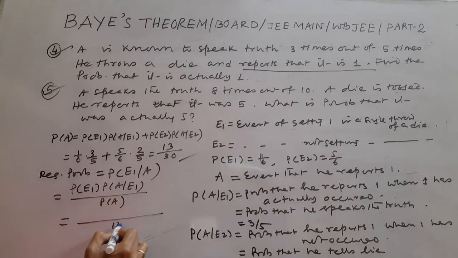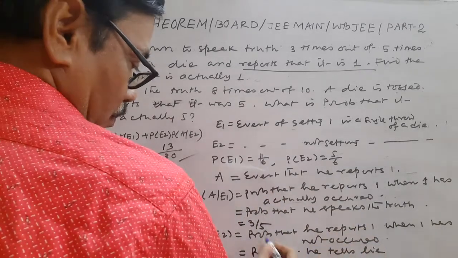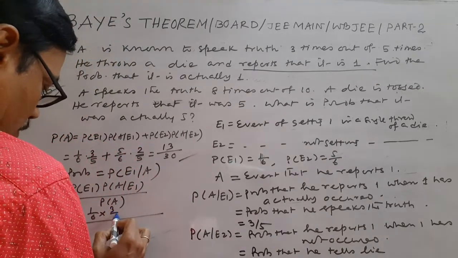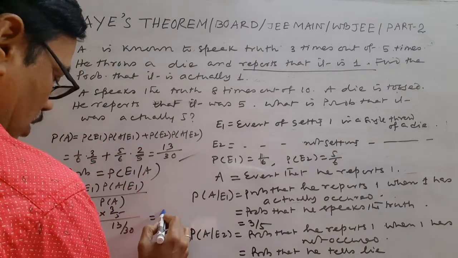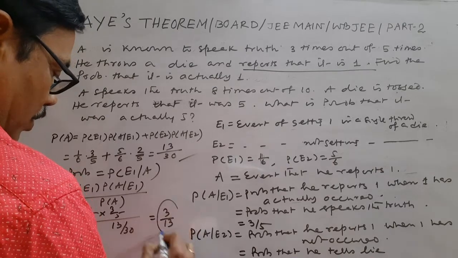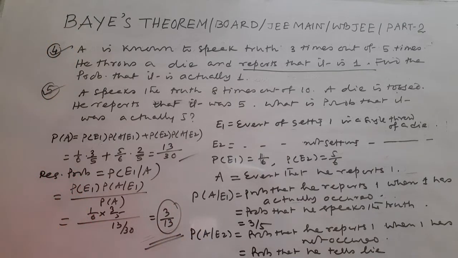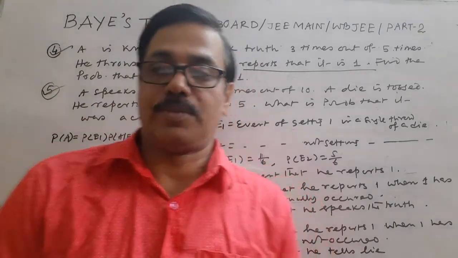P(A) is 13 by 30, and this is 1 by 6 into A by E1, and A by E1 is 3 by 5. So 3 by 13. 3 by 13 is the final answer.